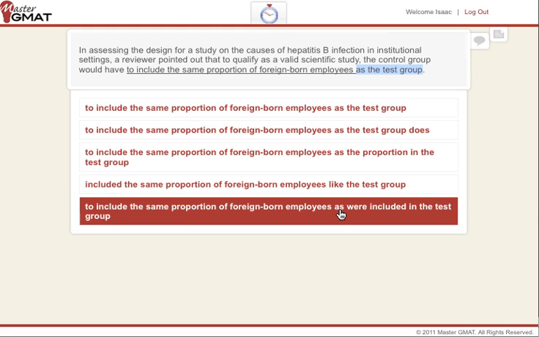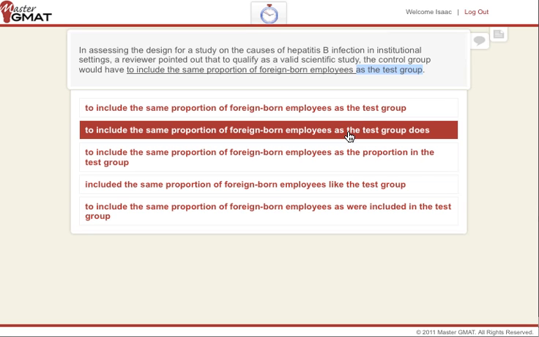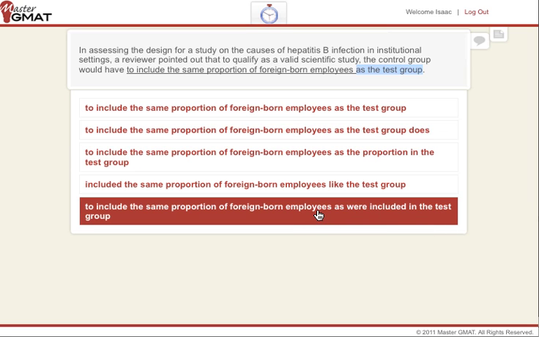Let's look at E. Now we're left basically with E and with B. The main difference, or the only real difference here, is that B is in the active, as the test group does, whereas E is in the passive, as were included in the test group. There are no grammar errors, so we need to look for a stylistic issue, such as redundancies.